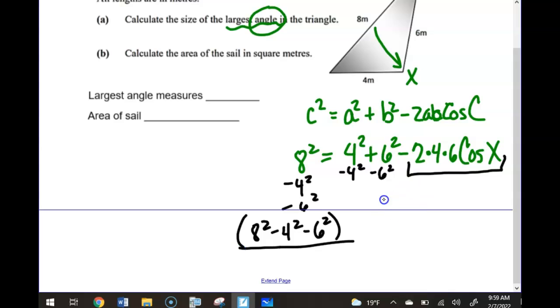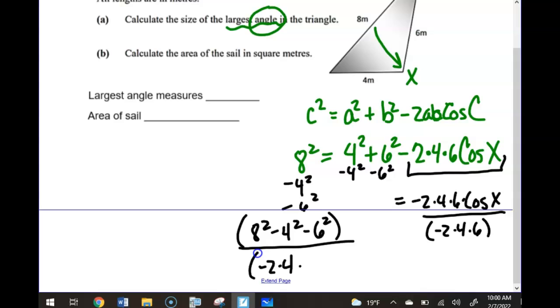And then that's going to leave us something that's equal to negative 2 times 4 times 6 times the cosine of x. And then we're going to divide by the quantity negative 2 times 4 times 6 to get rid of all that. So if you wanted to do it all in one chunk, that's what it would look like.